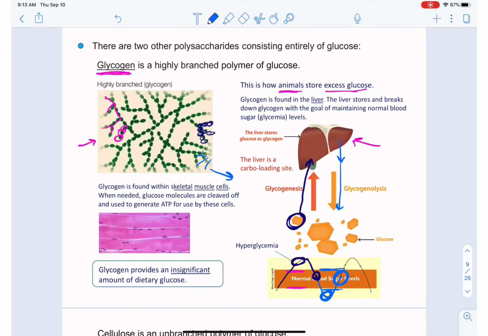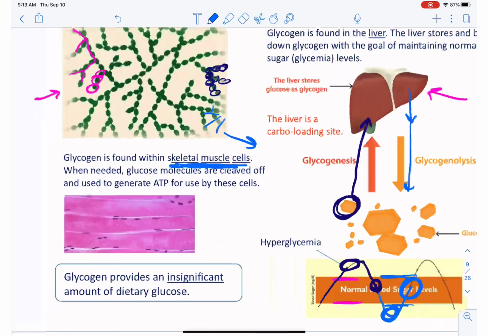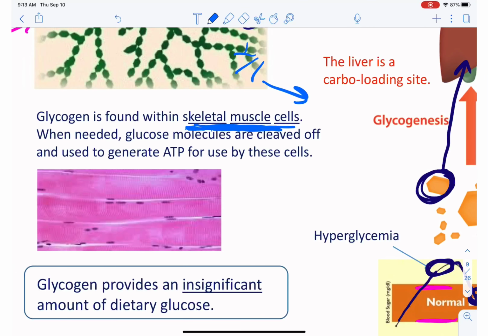Another place that glycogen is stored in the body is within skeletal muscle cells. And the reason glycogen is stored in skeletal muscle cells, however, is a little bit different. It's mainly there to be used for the skeletal muscles themselves. So here's a skeletal muscle cell, and you can't see this, but within the skeletal muscle cells, there are granules that contain glycogen in them.